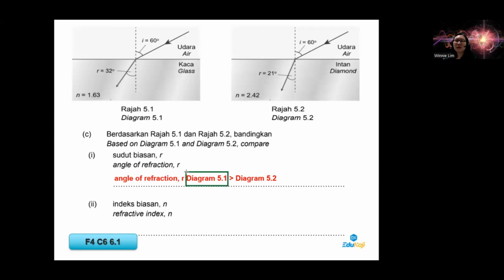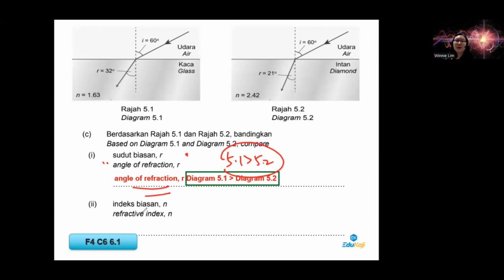Some students think, can I just write like this way, like 5.1 more than 5.2? It is not advisable because it seems too short, right? So it is advisable to give what is asked.